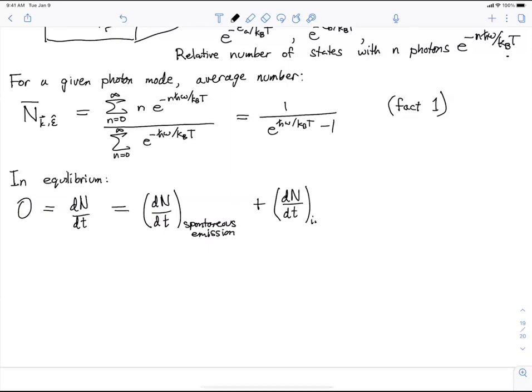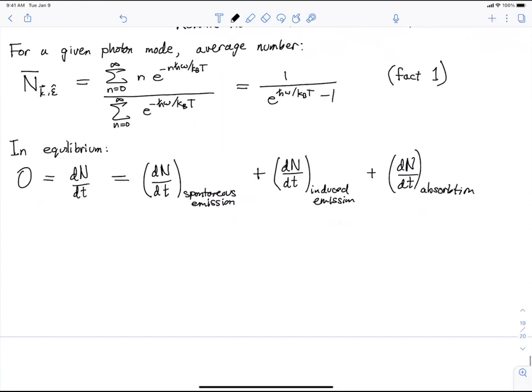There's induced emission. And then the third thing that could change the number of photons is absorption. And all of these things are going on at the same time because the atoms can emit or absorb photons.